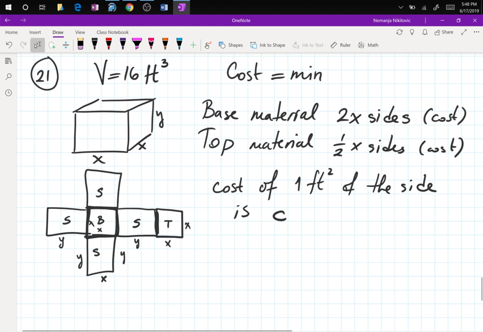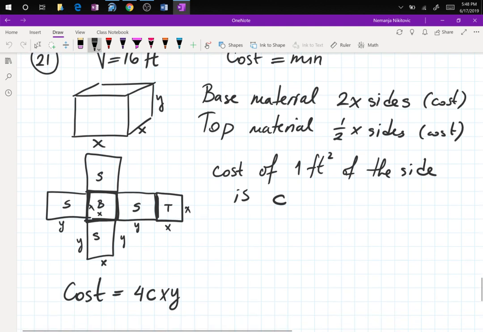So what is the cost equation that we are supposed to minimize? Well, we have 4 sides, and each one is at cost C, and that's xy. So 4Cxy, actually, you know what? C times 4xy. So this is the cost to make 4 sides of the crate.